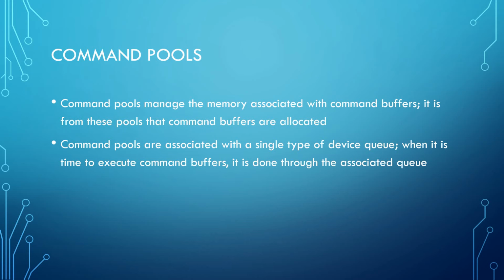And so when you execute those particular command buffers, they have a single queue that they're associated with. And they're not just being spread out over random queues, so you have control of where these different operations are routed.